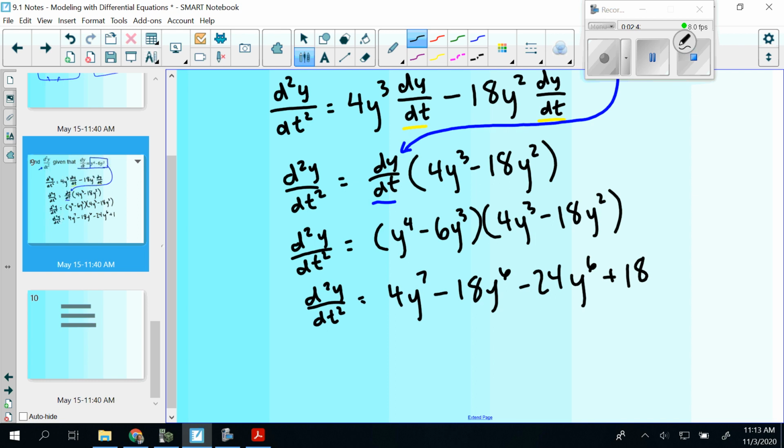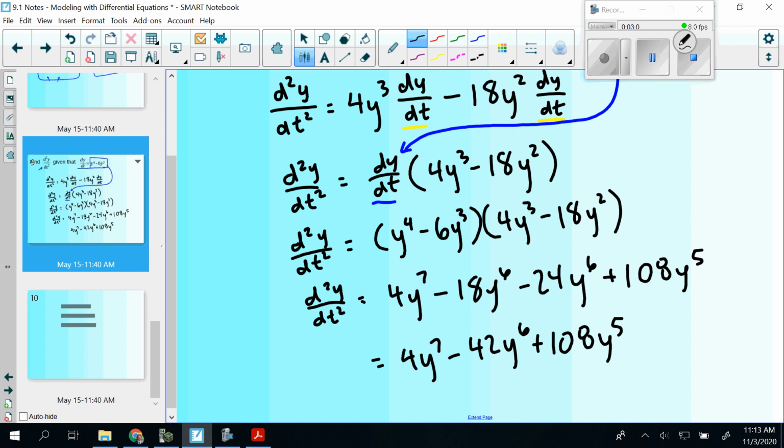That last term would be positive. Let's see, 108 y to the fifth. Then we got a couple like terms there we could combine together. So simplified, we'd get this. So that would be the simplified second derivative of this one.